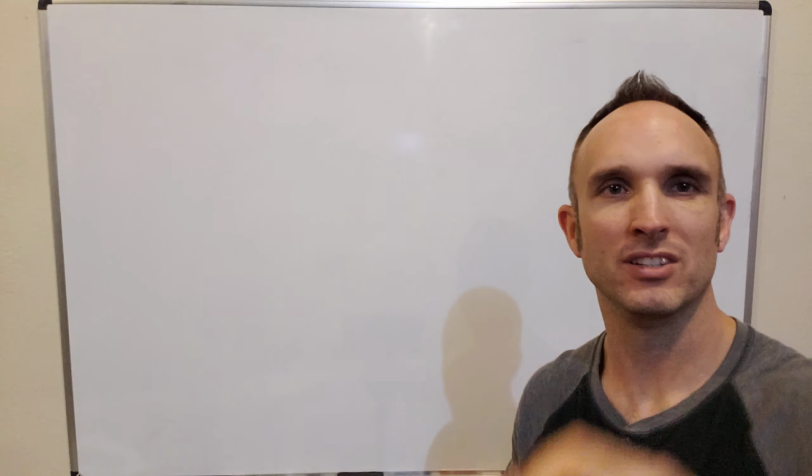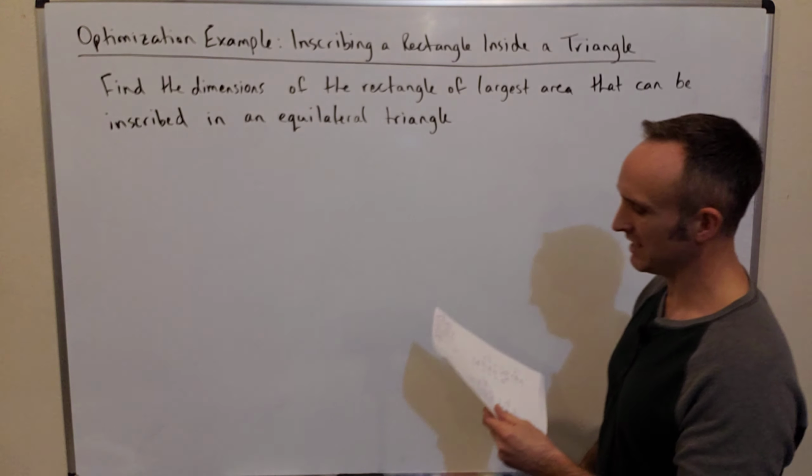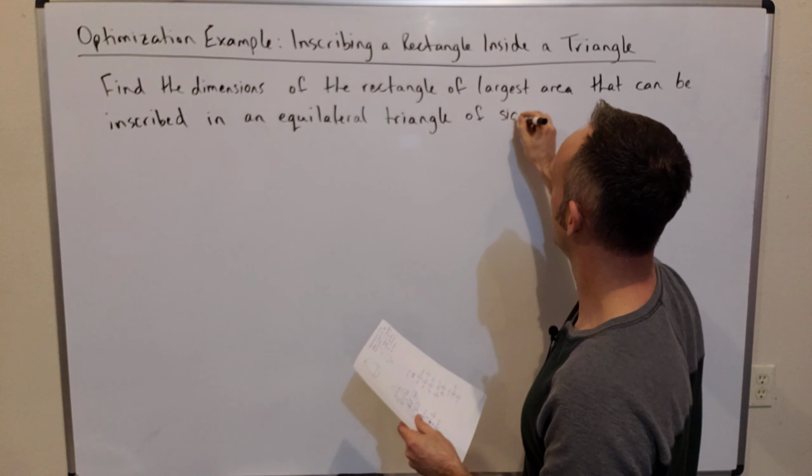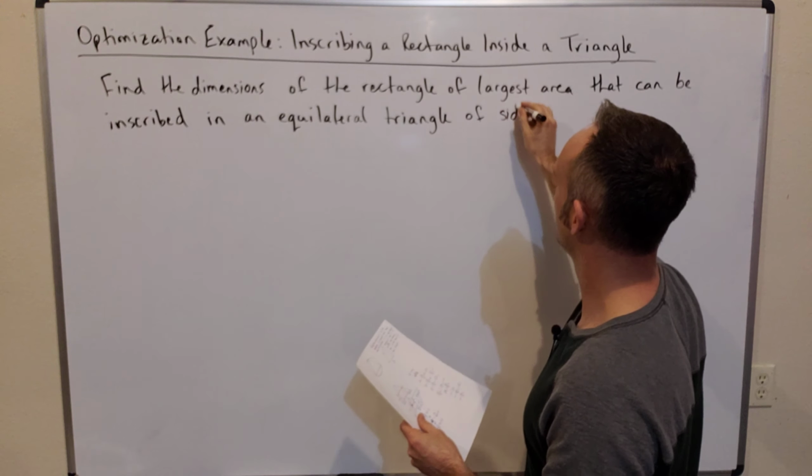So find the dimensions of the rectangle of largest area that can be inscribed in an equilateral triangle, meaning all the sides have the same length, inscribed in an equilateral triangle of side capital L. One thing to keep in mind here is that L is acting as a constant in this problem.